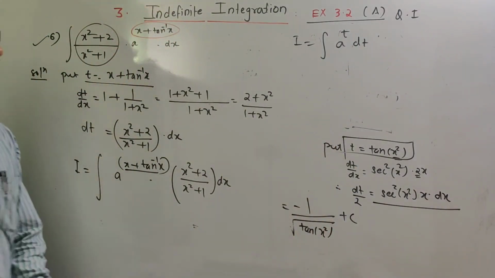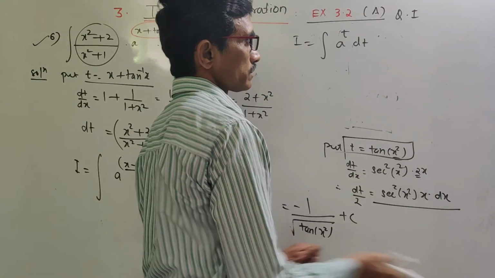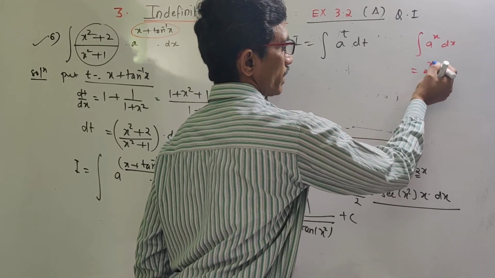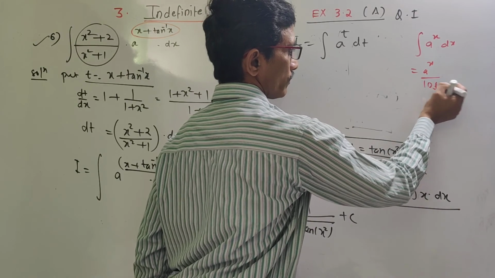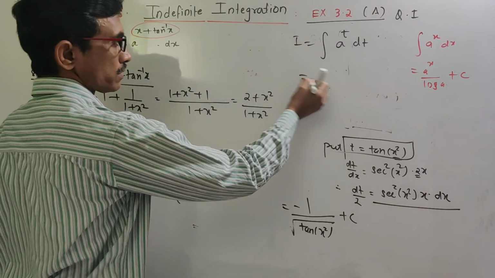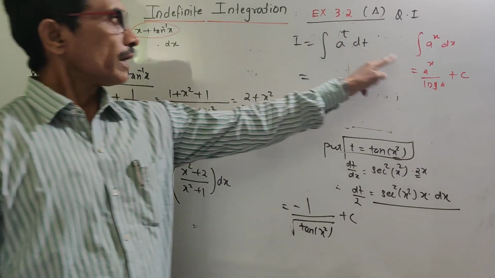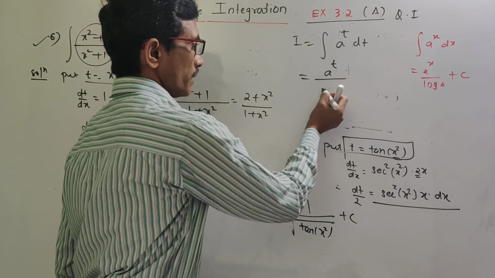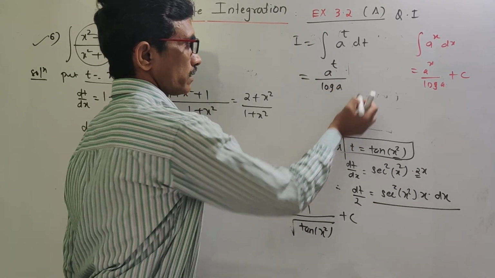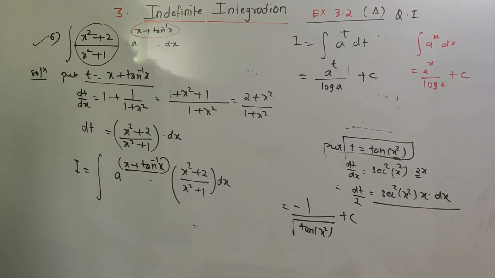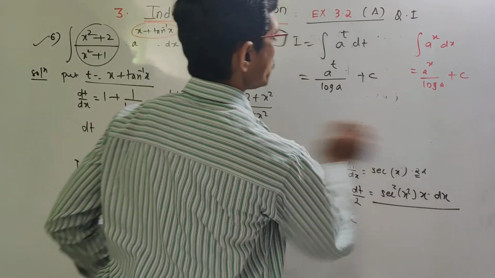We use the formula integral a raised to power x dx is equal to a raised to power x upon log of a plus c. This formula we use. In place of x there is t, so this will be a raised to power t upon log a plus c, and t is equal to x plus tan inverse of x.